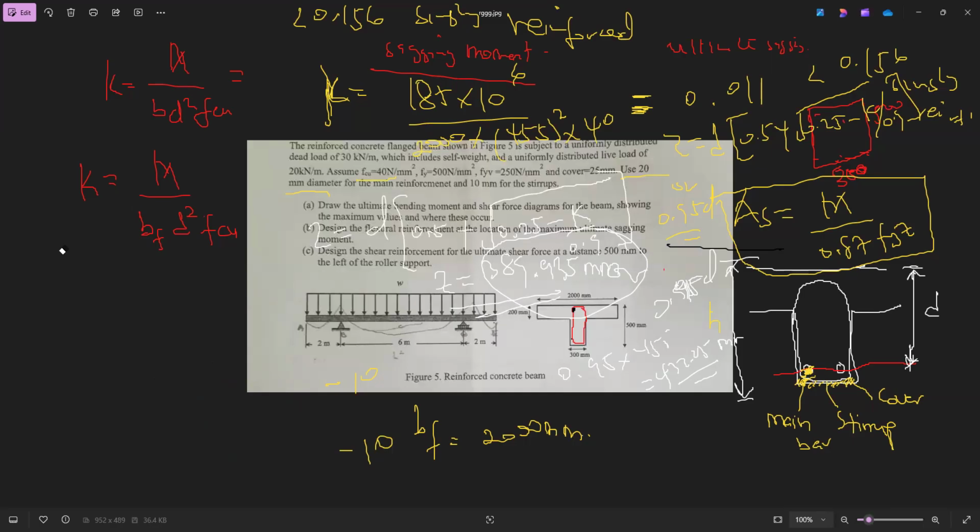So we have 185 times 10 to the power 6 over 0.87 times Fy, where Fy is the strength of the steel, 500, and then Z, the one we just calculated, 389.935. So what is the value of AS? 1090.662.